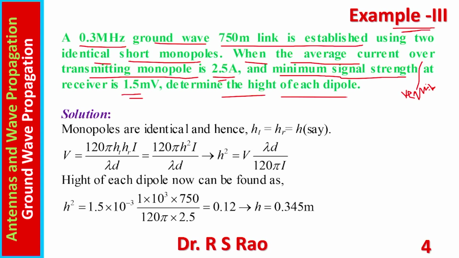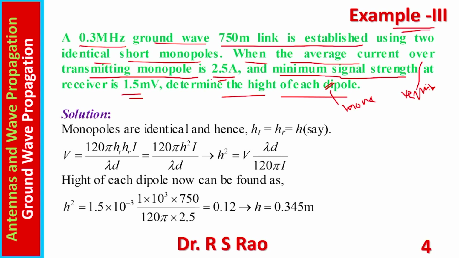Determine height of each monopole. Transmitting antenna and receiving antenna both are short monopoles. Their heights are given to be the same.